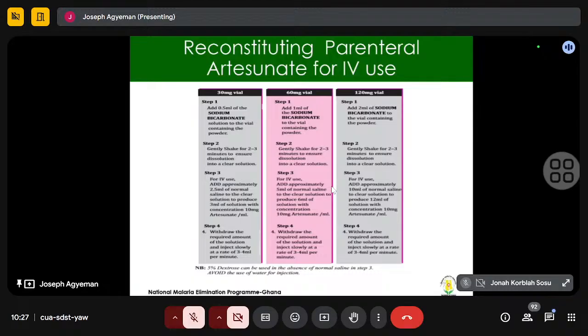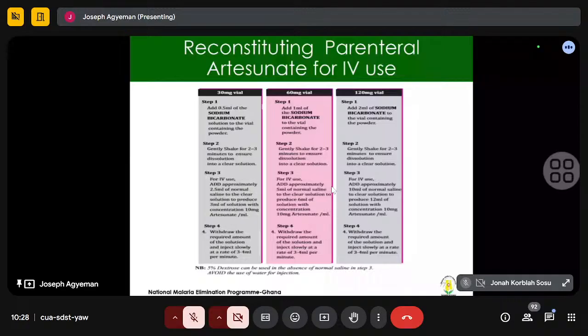Then you use the normal saline for dilution to achieve the target concentration that you want to prepare. As your colleague said, for IV, we are targeting 10 milligram per ml.